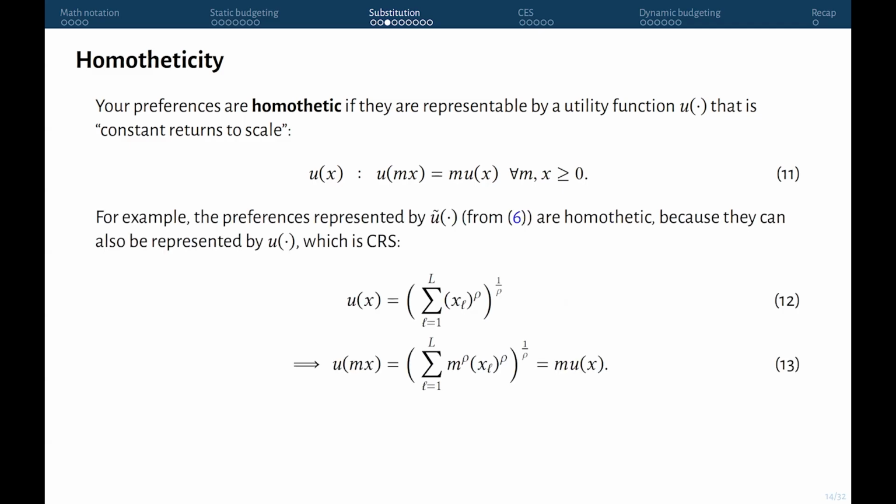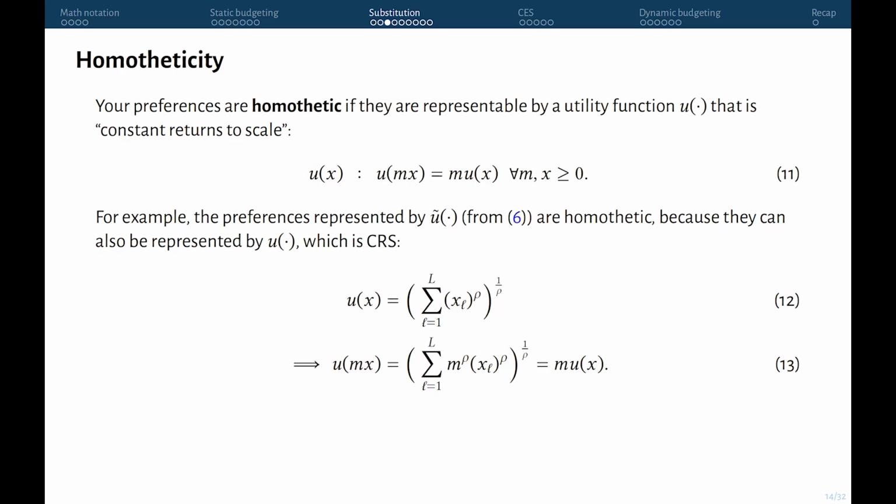So for example, the preferences represented by our transformed utility function from the simple budgeting problem before, that U tilde, those preferences are homothetic because they can also be represented by the original utility function U, which was clearly CRS. See that? If you multiply XL by M, some common M for all the L's, you've got an M to the rho inside the parentheses, which you can pull out, and you're raising it to the 1 over rho on the outside.